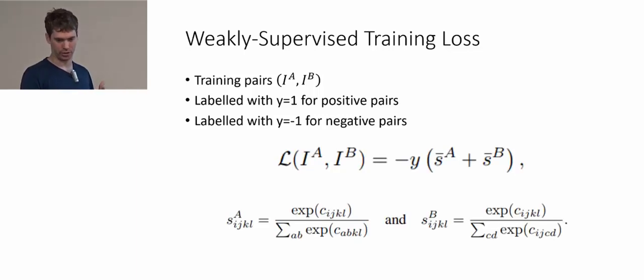So our loss value is just the sum of the averages here. This isn't a negative exponent, just FYI. Fooled me. And yeah, the sum of them multiplied by y. So we're essentially encouraging the system to find more and better matching features for positive pairs of images and penalizing it if it finds matches between negative pairs of images.